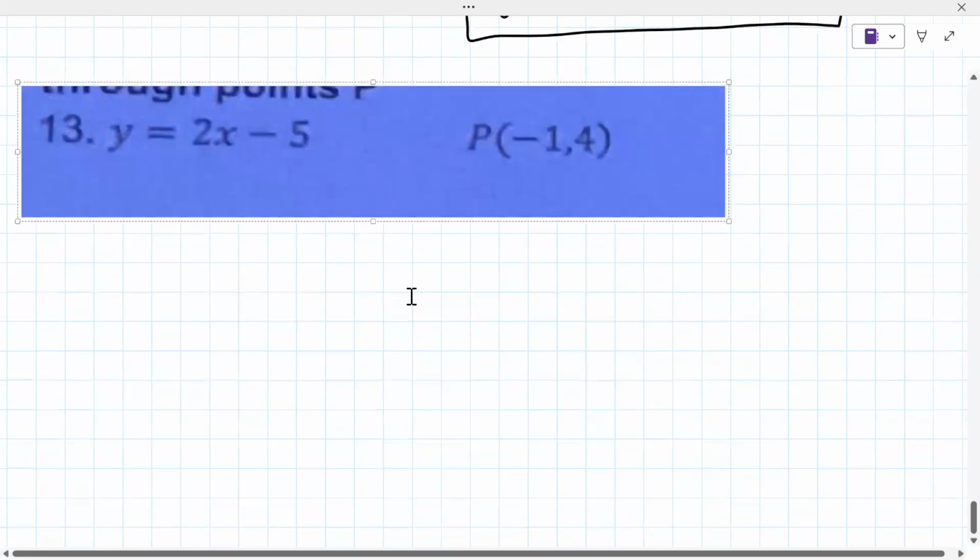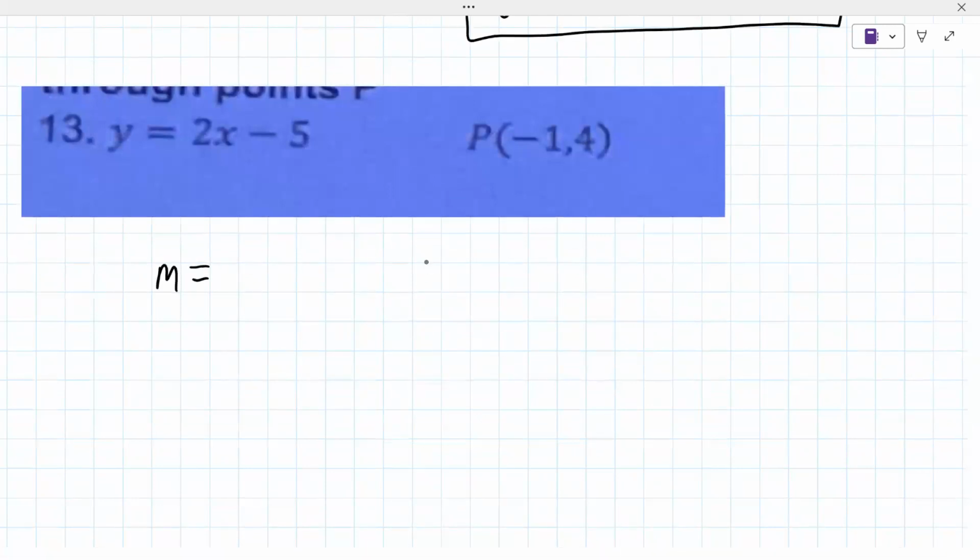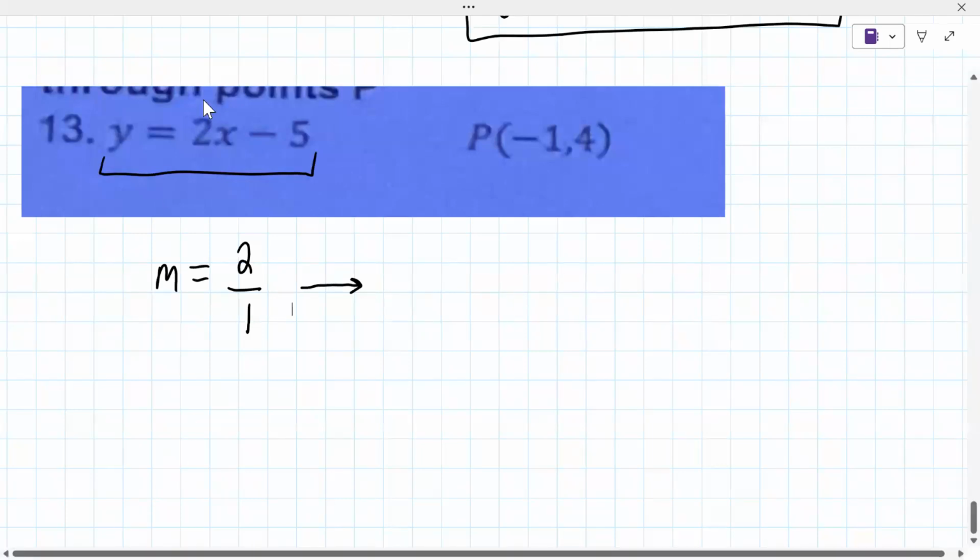All right. So, okay, what is the slope of this line that's given? 2, or 2 over 1. Can you give me the perpendicular slope? 1/2.